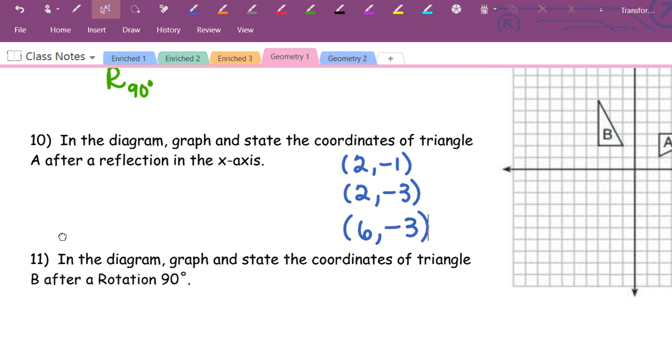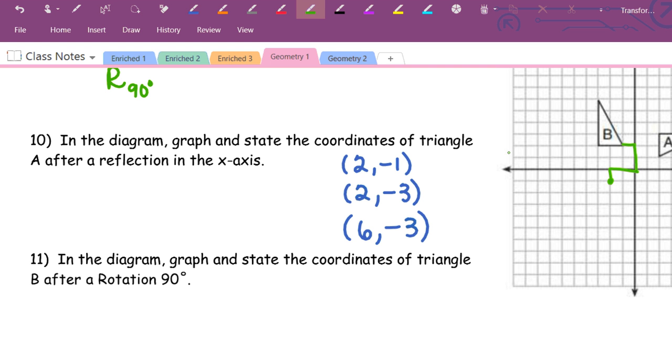In that diagram, graph and state the coordinates of triangle B after a 90-degree rotation. So, if I'm doing this, we can do little loops to try to make it happen. To get from the origin, I go up 2, back 1. So going here, I'd have to go back 2 and down 1. That would be one of our points.